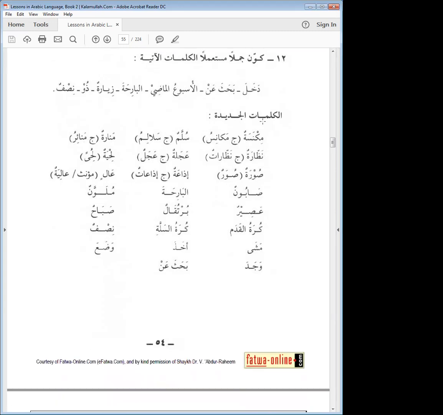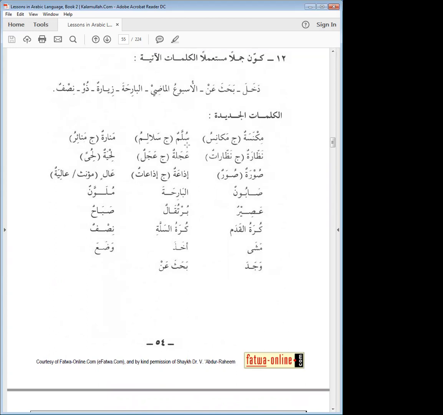So these are the new words here in the chapter. So again, just to go through them quickly. Miknasatun is the broom, jam, makanisu.